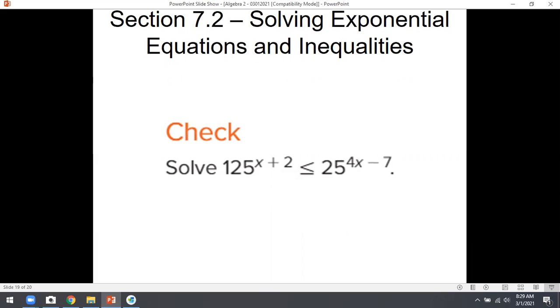Can anybody find a base that goes into 125 and 25? 5, yeah, okay, write them in terms of 5s. Yep, you're on the right track. Write the 125 as 5 to a power. Same with the 25. And then you're off and running.